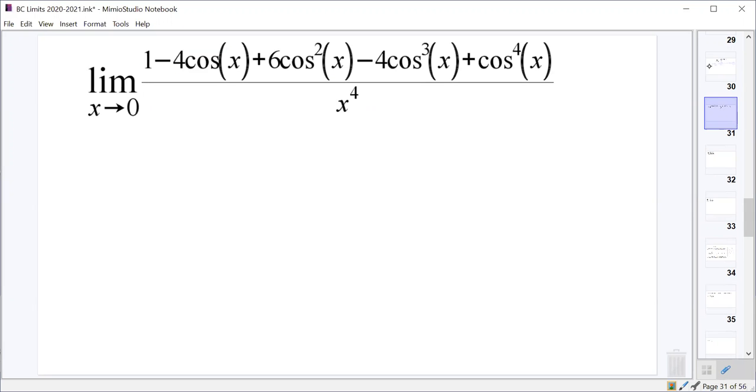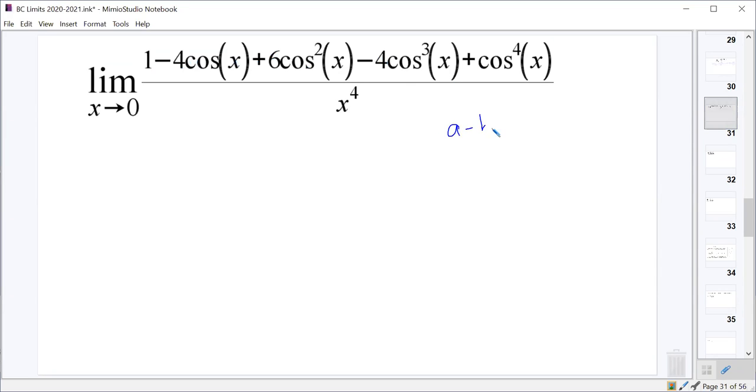So remember that Pascal's triangle gives you the coefficients for binomial expansion. So the fourth row of Pascal's triangle gives you the expansion for a plus b to the fourth. At least it gives you the coefficients for it, which are 1, 4, 6, 4, 1. If the signs alternate from positive to negative to positive to negative to positive, it tells you that instead of it being a plus b to the fourth, it's a minus b to the fourth.